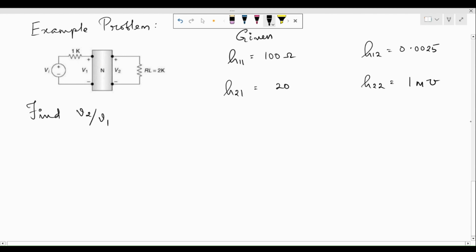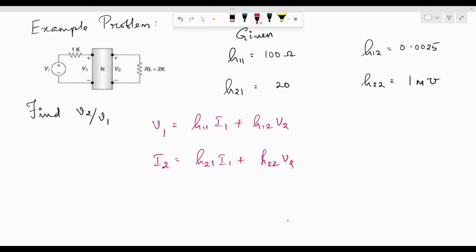Now we need to obtain the ratio V2 by V1. To do that, first let's write out the equation for this particular network in terms of H parameters. So we have V1 is equal to H11 I1 plus H12 V2, and I2 is equal to H21 I1 plus H22 V2. Looking at this, we need to find the ratio of V2 by V1.